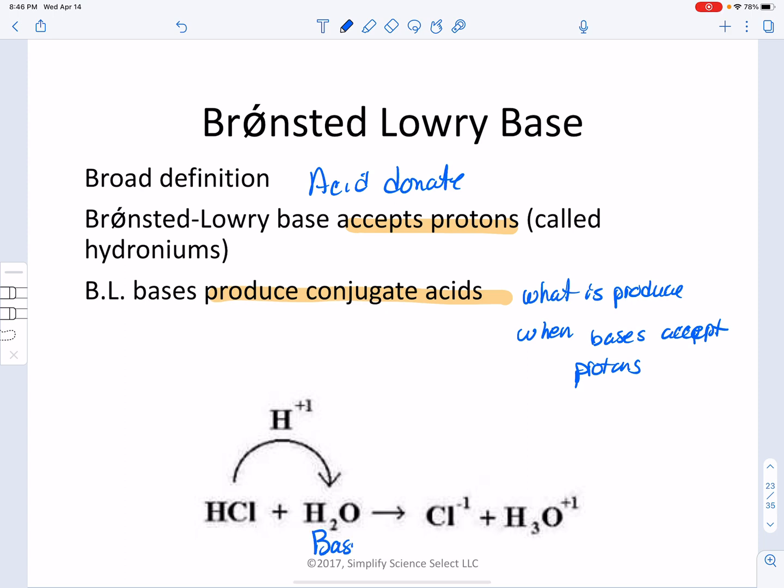In this case that is our water. And what is produced when the base has accepted that proton is called the conjugate acid. Remember that the substance that accepts the proton is the base, and the one that donates the proton is the acid.